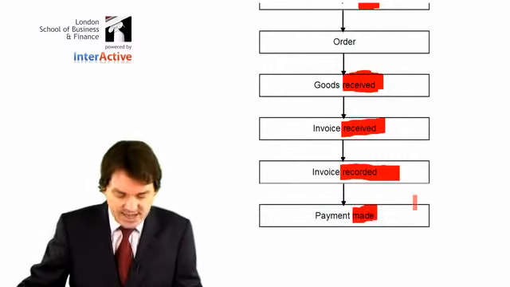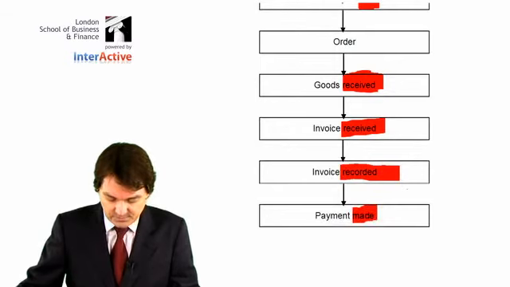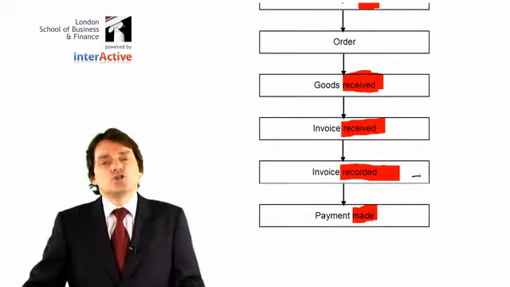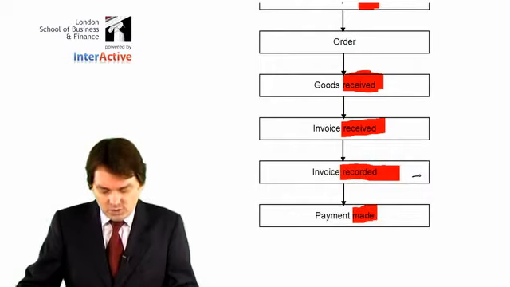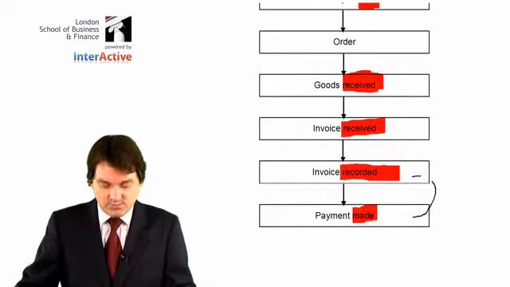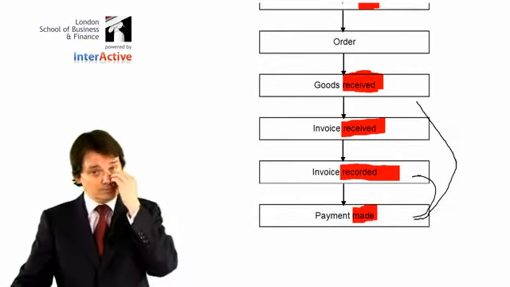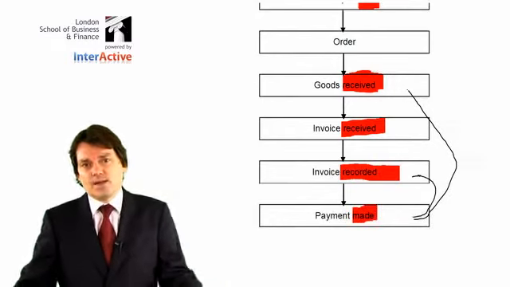Now, the thing we need to be careful is the invoice that's recorded. Should we pay it or not? Well, you should only pay it, obviously, if you've received an invoice, if you have received goods. So we're not going to pay for something we haven't received yet.